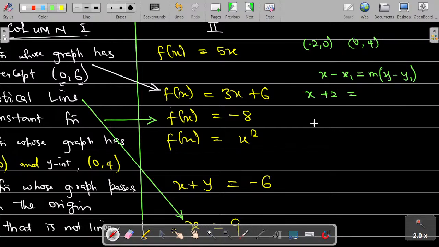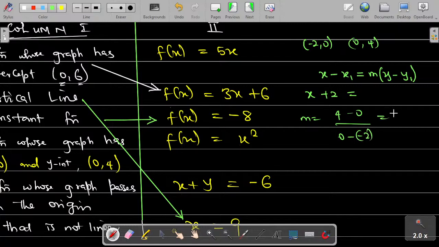Our slope will be x2 minus x1 all over, sorry, it should be y2. Although any of them will be the same, y should be up. So we will do y first: y2 minus y1, which is 0, all over x2 minus x1, that's 0 minus minus 2.